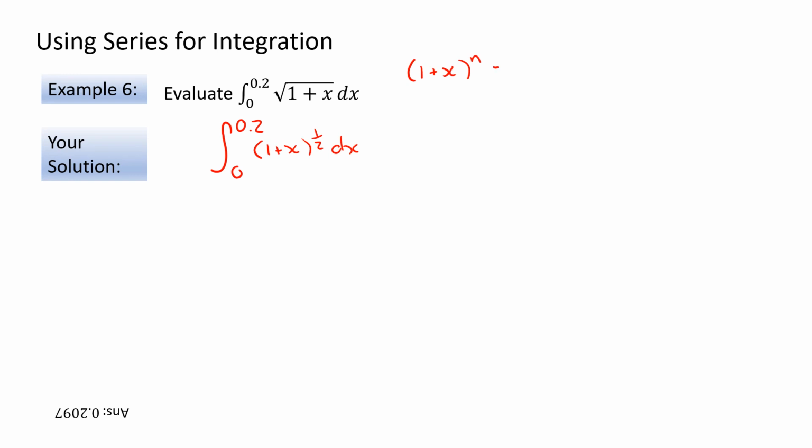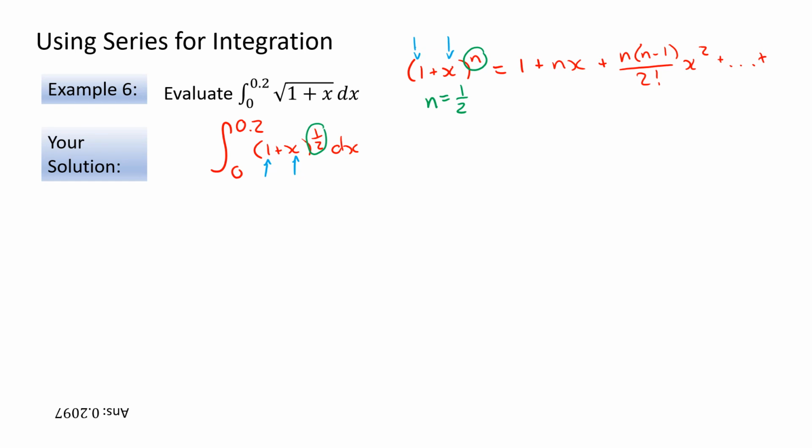And what it showed was expanding that out, you got 1 plus n times x plus n times n minus 1 divided by 2 factorial x squared, and then it keeps on going. So what we see here is we see an x term in here and an x here, a 1 here and a 1 here. So that all matches. And what we see is the exponent 1/2, meaning that n must be 1/2.